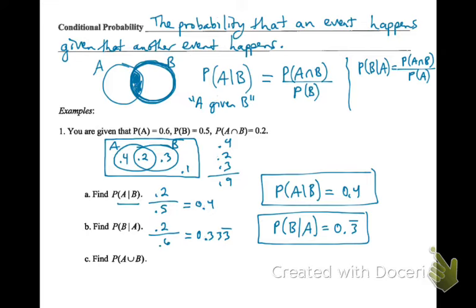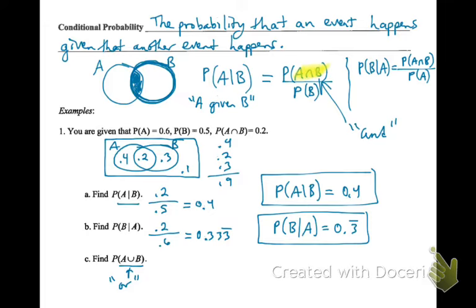Now for this last example, the probability of A union B. When you see this symbol, that means the word OR, just like the intersection symbol that we have up above, which means AND. Both have to be true for the intersection.